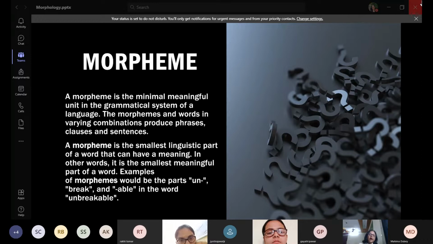And when we add one more collection of phonemes, un, it becomes unbreakable. See how many morphemes are there in this word, right? So there you see that there are three morphemes: break, able, and un.